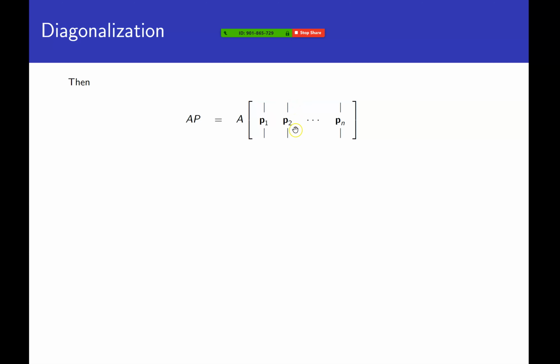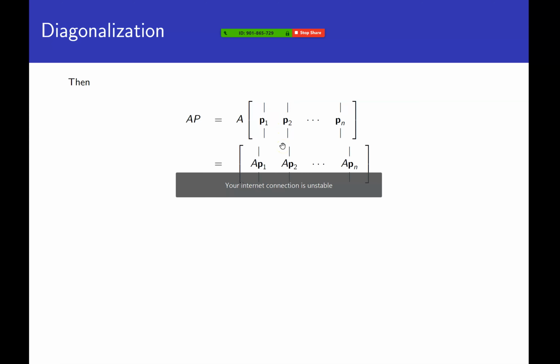The second column gets multiplied by every single row of A, and ends up in the second column of the product. So we can write our product A times P as AP1 as a vector in the first column, AP2 as a vector in the second column, and so on down the line.